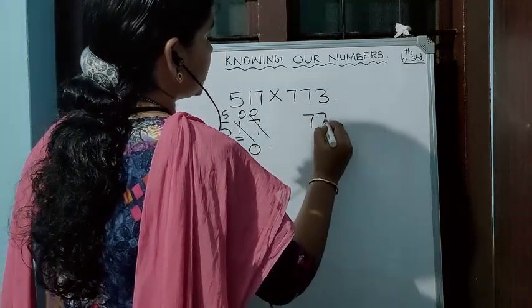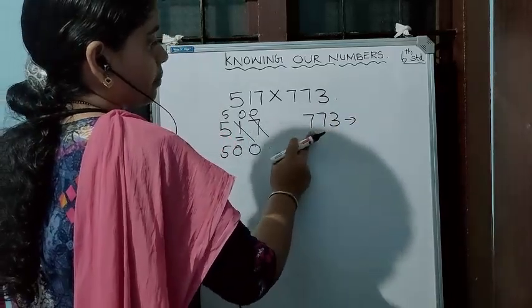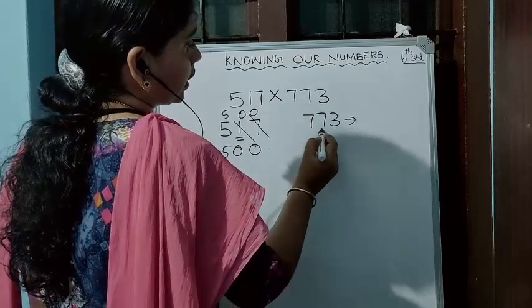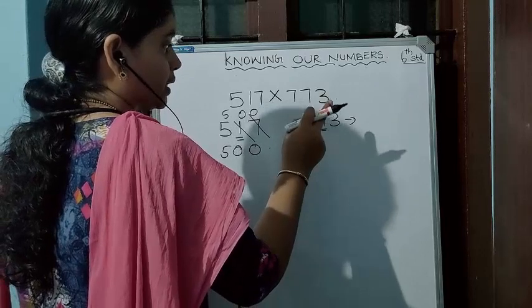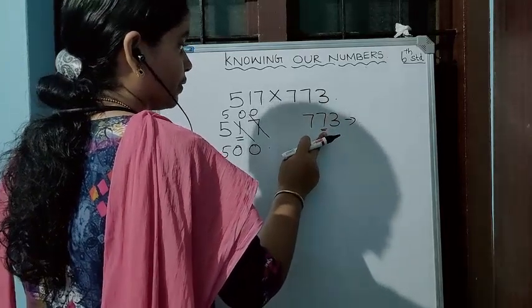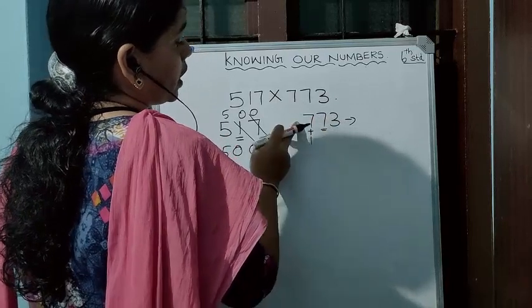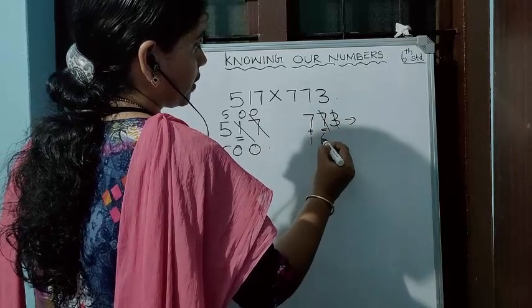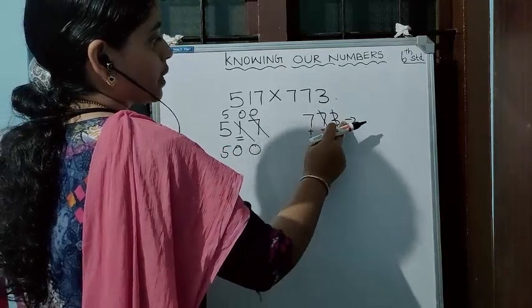And 773. This is also a 3-digit number and the greatest place value is 100. Then check the tens place number. Here the tens place number is 7, that is greater than 5. So what will we do? We add plus 1 to the 100 place number, and we write 0 instead of the tens place and ones place numbers.